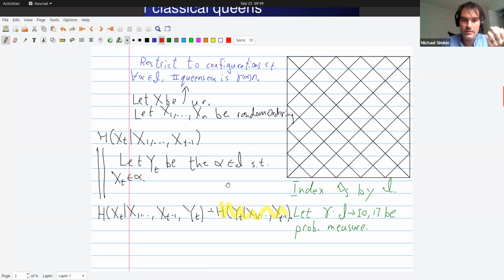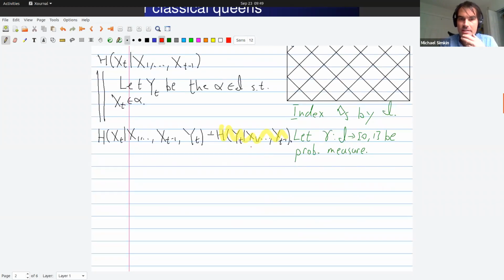So this entropy is basically going to be the same as just the entropy of the distribution gamma. Okay. So the bottom line is that I've translated this part of the entropy to just a function of gamma.